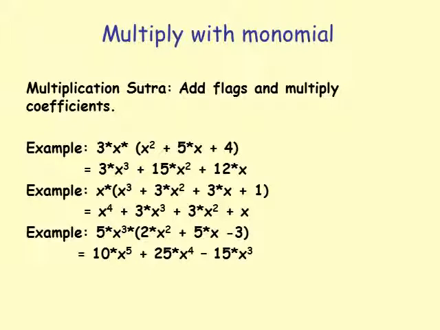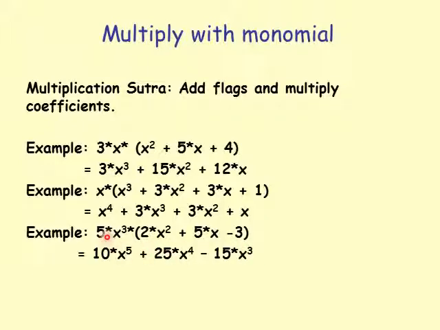Let's multiply now. 5 times 2 is 10. So we get 10x to the power of 5, plus 5 times 5 is 25, and the flag value is 4, x fourth. Then 5 times minus 3 is minus 15, and the flag value is 3 plus 0, which is 3, so x cubed.